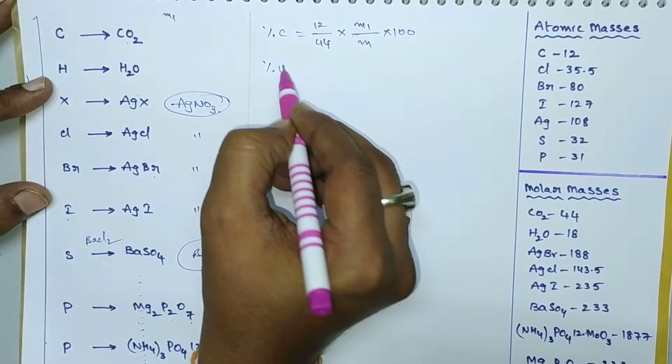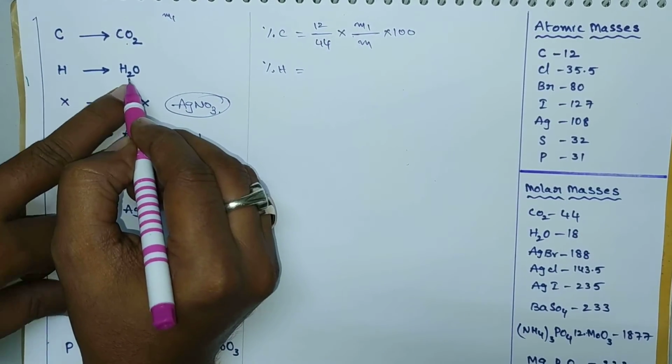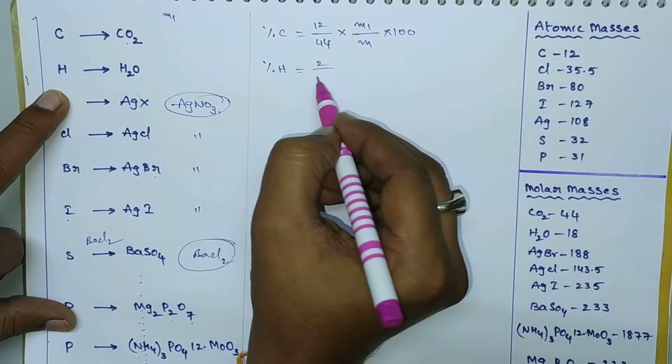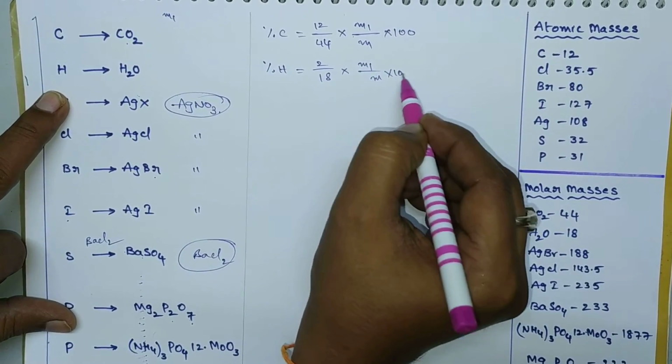Again, the percentage of hydrogen: it consists of two hydrogens and is converted into H2O. So 2 by 18 into M1 by M into 100.